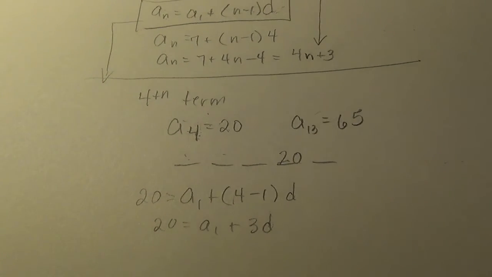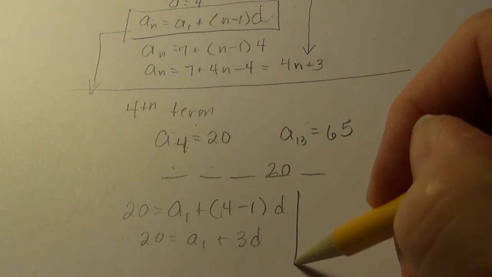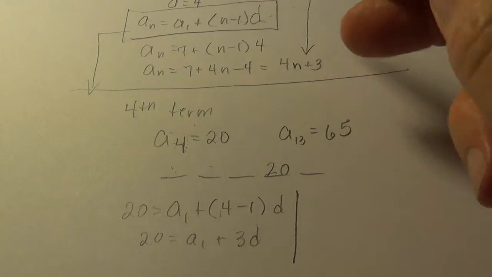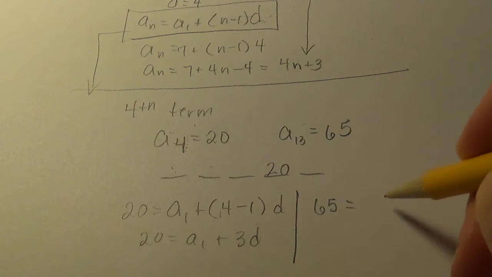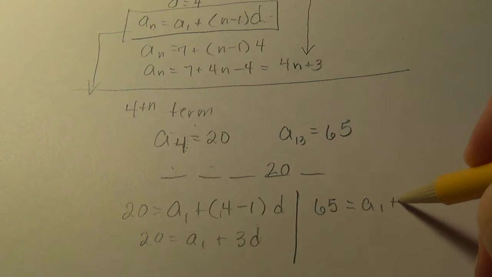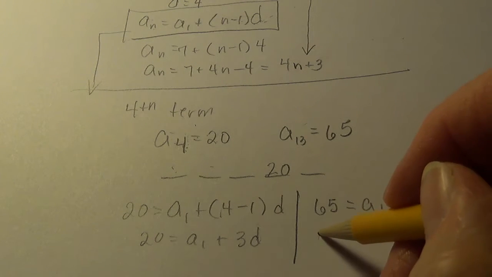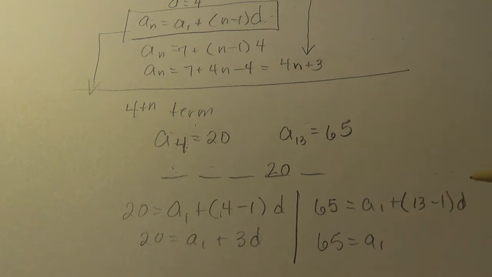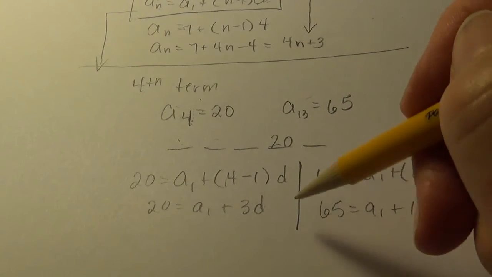Then from the other information, feeding it into the formula for the nth term, I get 65 equals a sub 1 plus 13 minus 1 times d, so that is 12d. Now I have 2 equations and 2 unknowns.